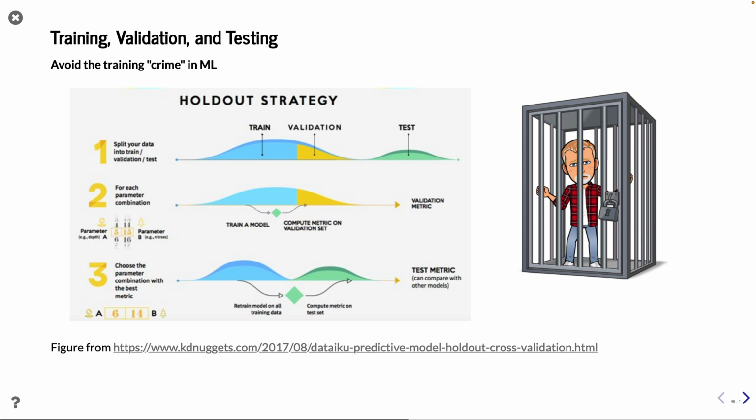And finally, when you want to test the quality, you need yet another test set, which produces the quality measurement. So this is kind of the crime in machine learning that you should avoid.